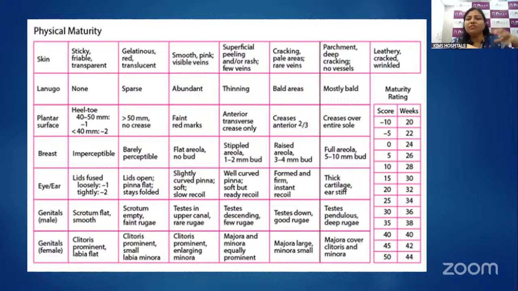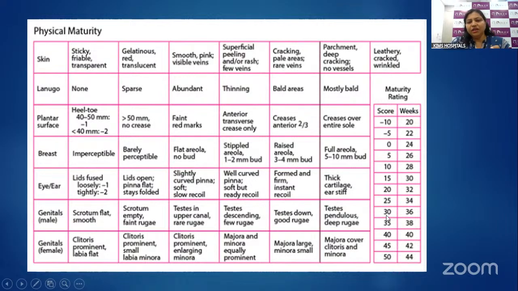And the maturity scale, as you can see here on the left-hand side, the score is from 20 weeks till 44 weeks. So you have to check the score accordingly. Weeks are also given separately, and you can see where the child is falling.